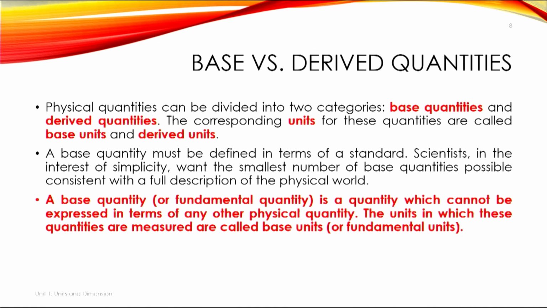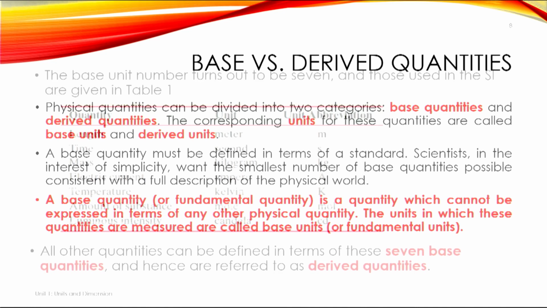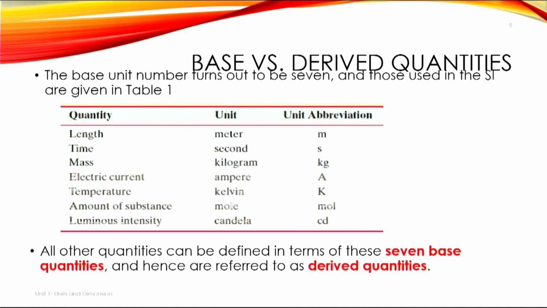In other words, a base quantity or a fundamental quantity is a quantity which cannot be expressed in terms of any other physical quantity. The units in which these quantities are measured are called base units or fundamental units. We have 7 base units in the SI system of units, and they are given in Table 1.